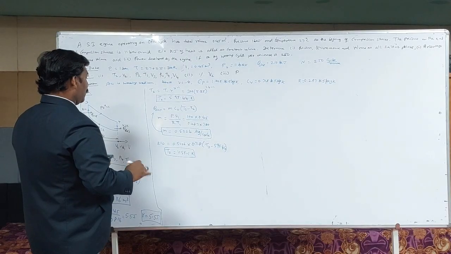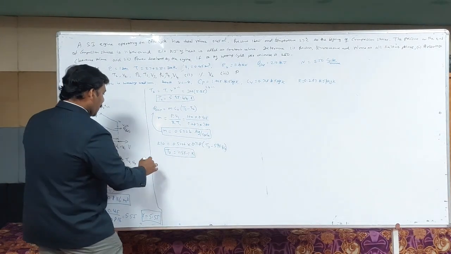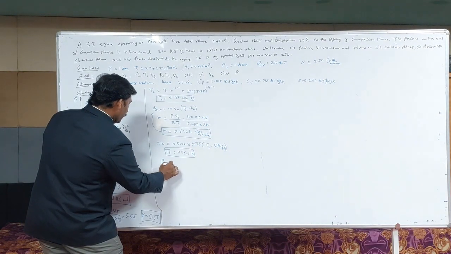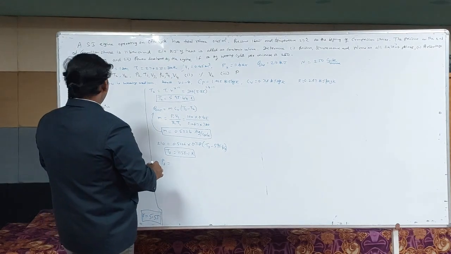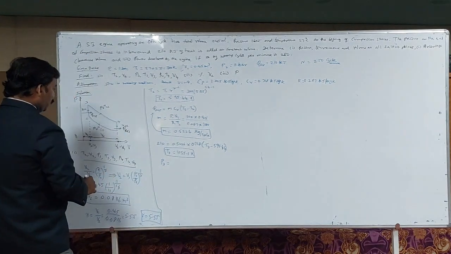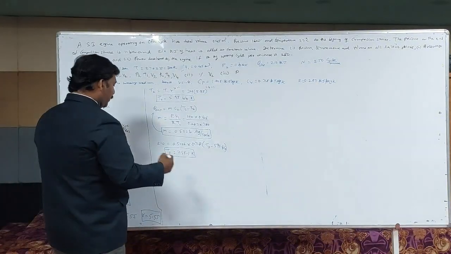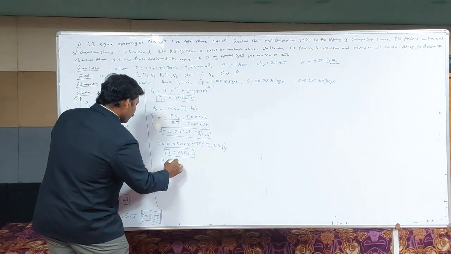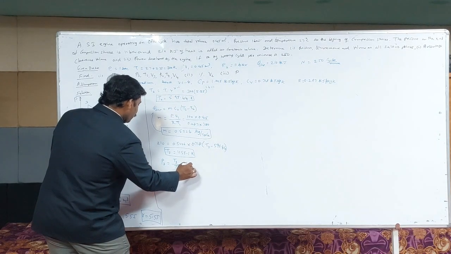So now we know T3, then we have to find out P3 as well as V3. To find P3, the process 2 to 3 is a constant volume process. So I can write the PVT relationship as P3 is equal to T3 by T2 into P2.